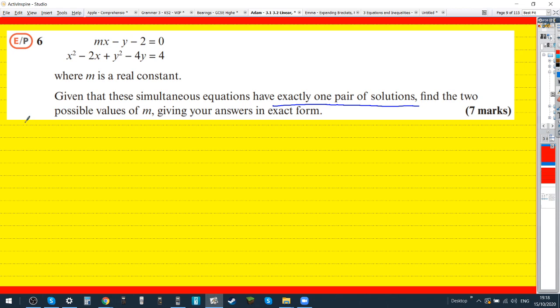The bottom equation? No. You can't. Okay. So would it be minus y equals for the top one? Yep. I'd probably add y to both sides. What do you get? mx minus 2 equals minus y. Add y to both sides? Oh, sorry, plus y. Just y.